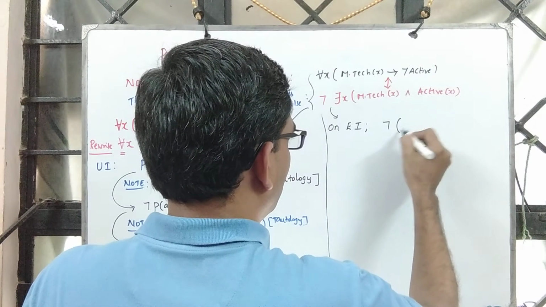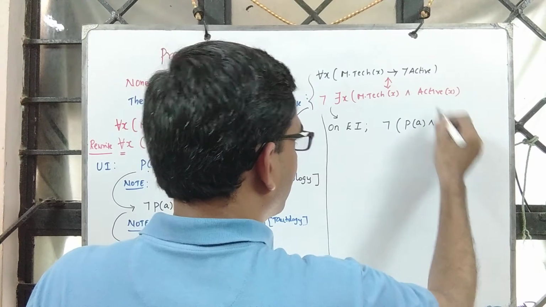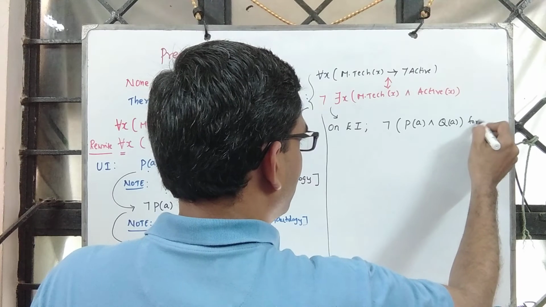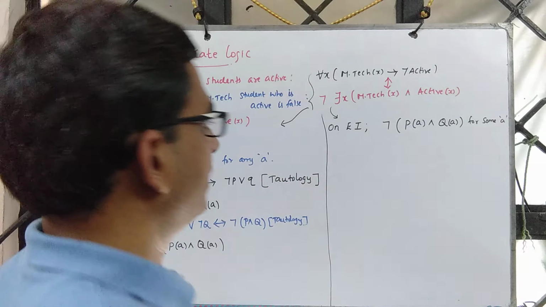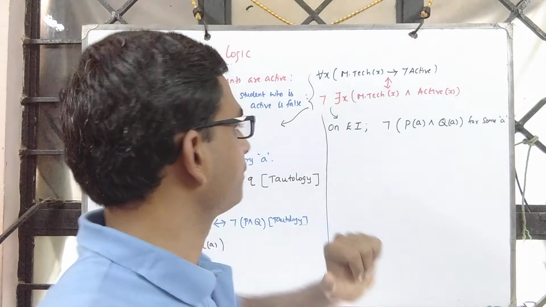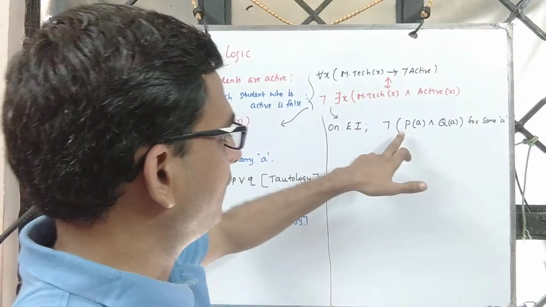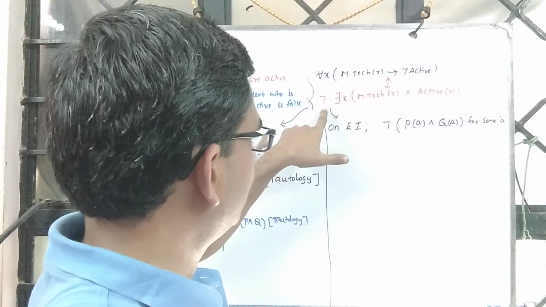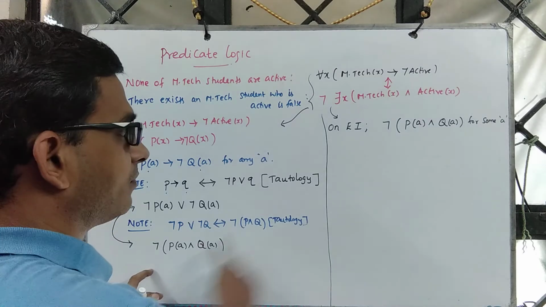Negation of P of A and Q of A. This is for some A. Please note P refers to MTech and Q refers to active. So when you perform existential instantiation, we get this proposition followed by this proposition, and there is a negation that comes as it is.